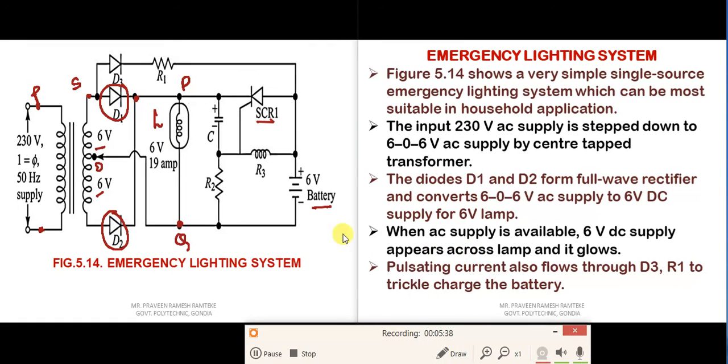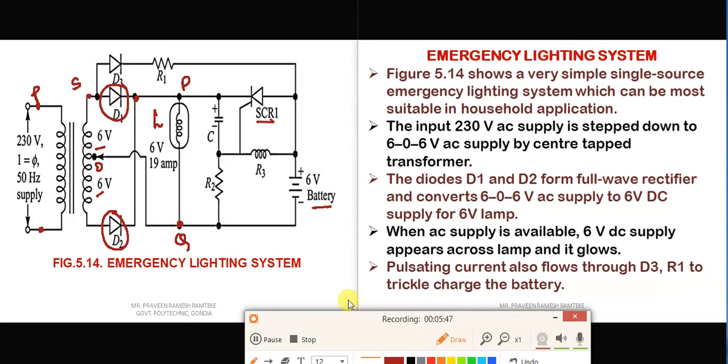The pulsating current will also flow through this diode D3 and R1 to charge the battery. So how will the current flow? The current is now flowing through this diode, and it will keep on charging this battery. It will go to the neutral.